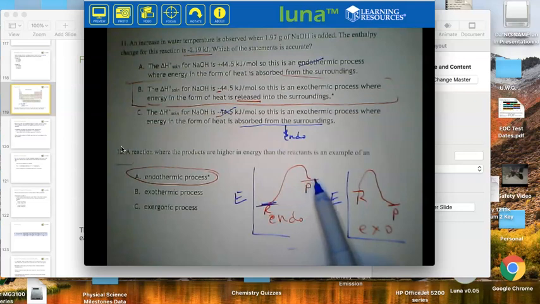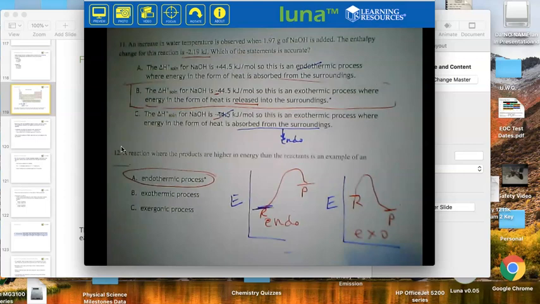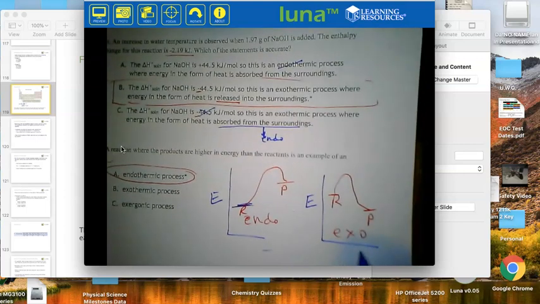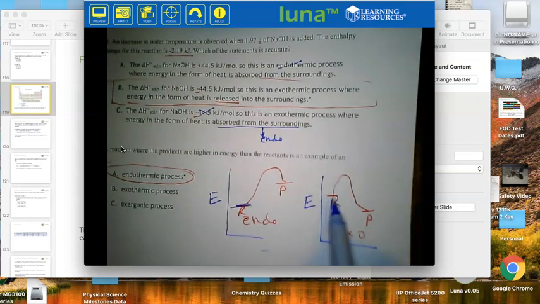is increased. For exothermic reactions, it's the opposite. You're starting out with a certain energy value for the reactants. Energy is released out to the surroundings, and so the products have a lower energy than the reactants, and that's an exothermic reaction.